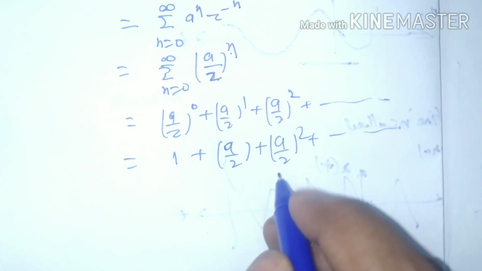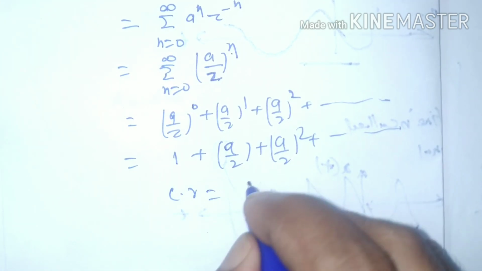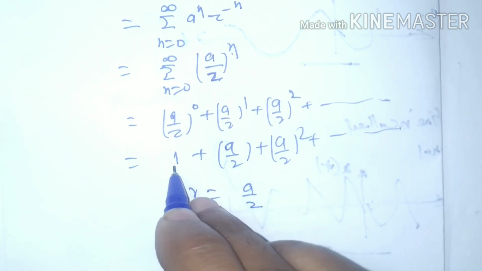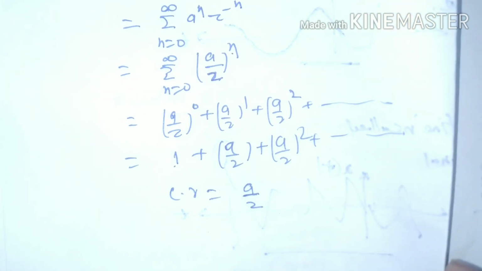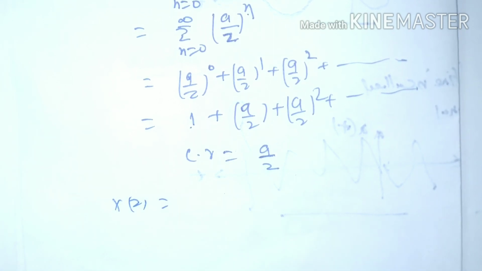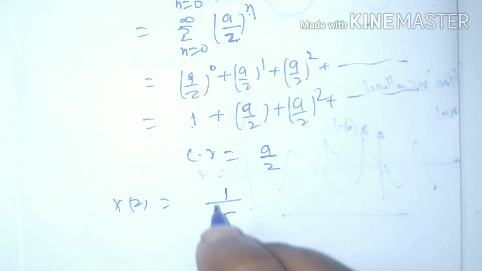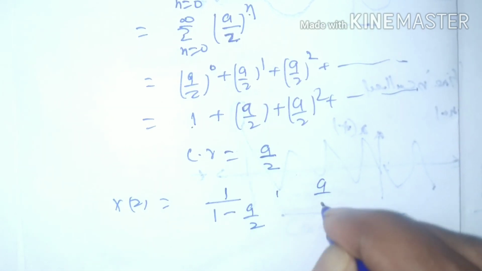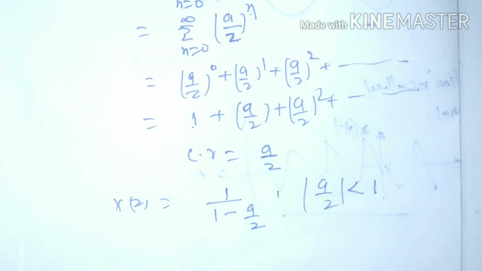And we know that here the common ratio of this GP is a by z, the second term divided by the first term, a by z divided by 1, which is a by z. Then the summation of this GP will be a divided by 1 minus r, where r is a by z, and its limit is that a by z should be less than 1.